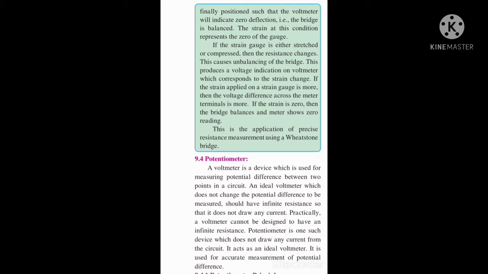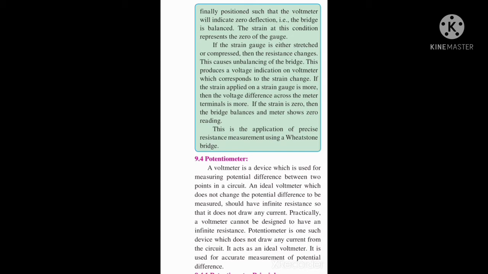If the voltmeter shows zero deflection, then the strain at this condition where the circuit is balanced represents the zero of the gauge.